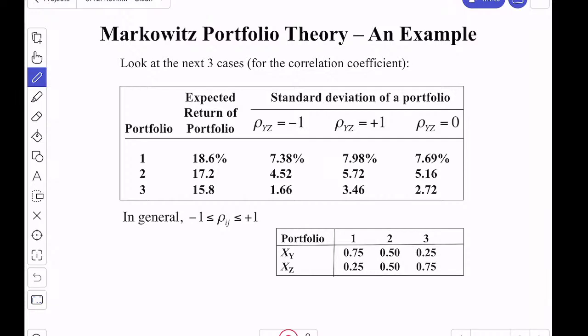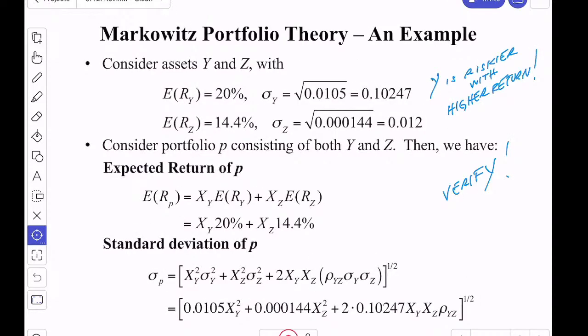So it turns out more of Y will have more risk but higher return. More of Z will have, did I say X, Y? It's Z. Z will have less return and less risk. So Y is the riskier one with higher return, right?